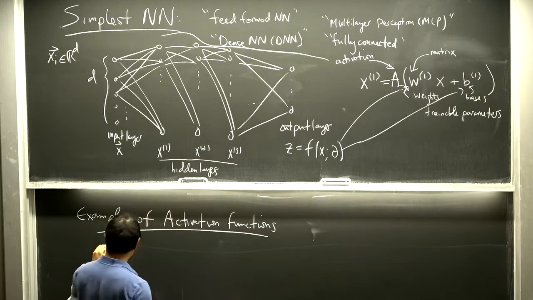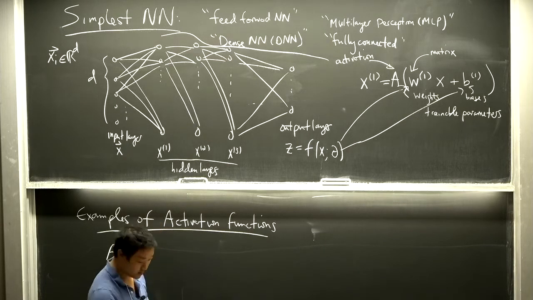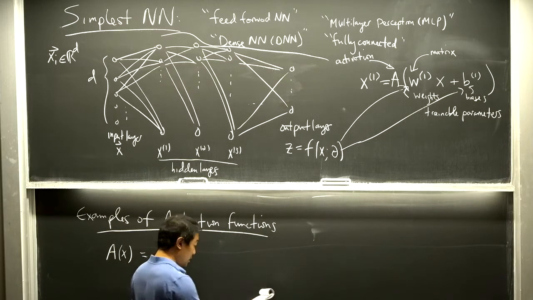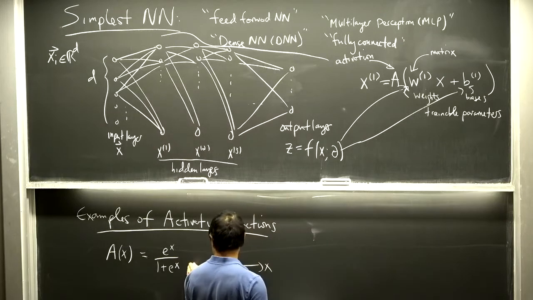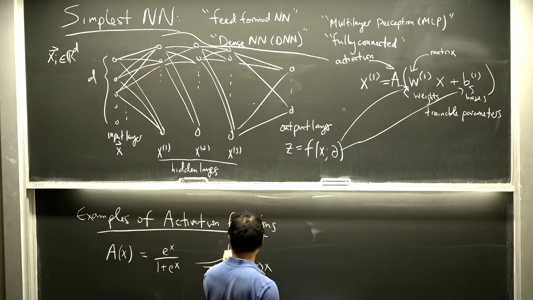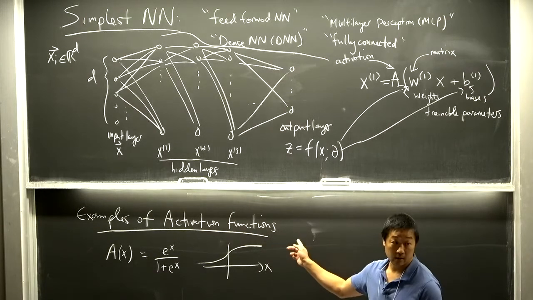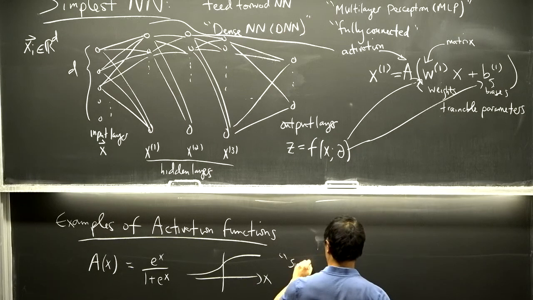One of the original ones, which was inspired by the activations of neurons, is called the sigmoid activation, which looks like this. If you plot it, x can go from -infinity to infinity, and the sigmoid goes from 0 to 1. Okay, so this is called the sigmoid activation.